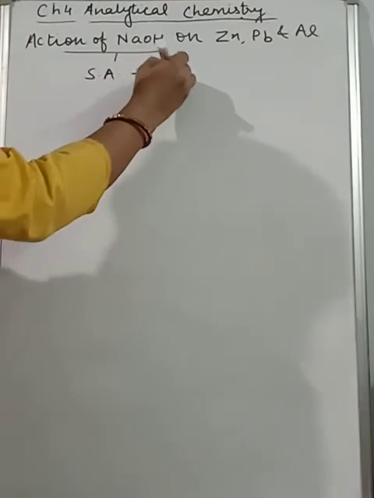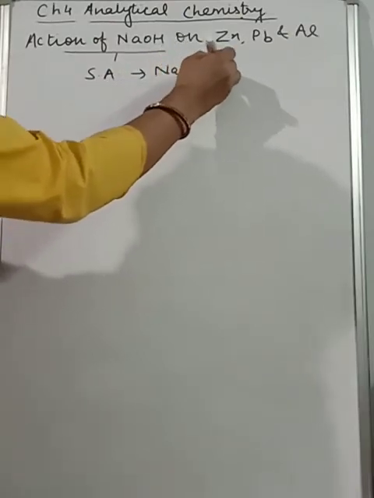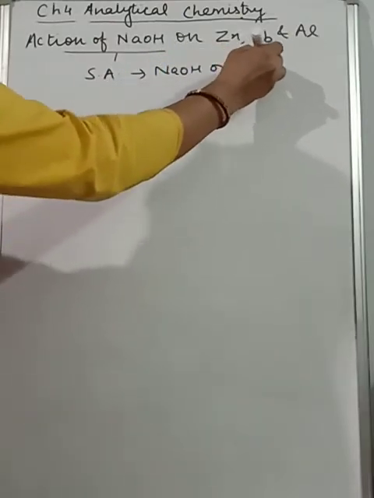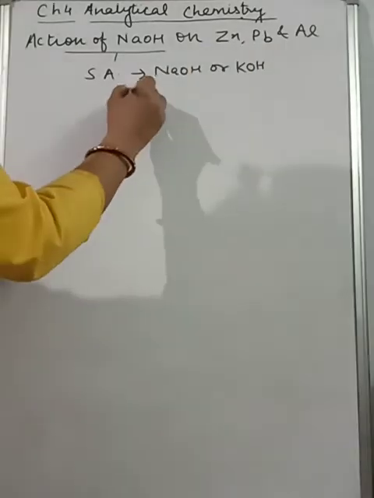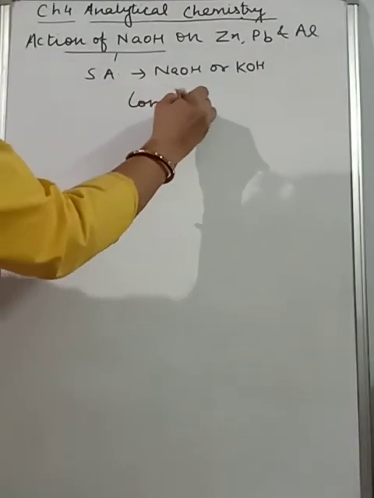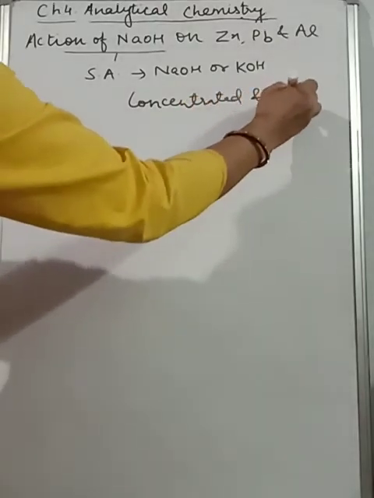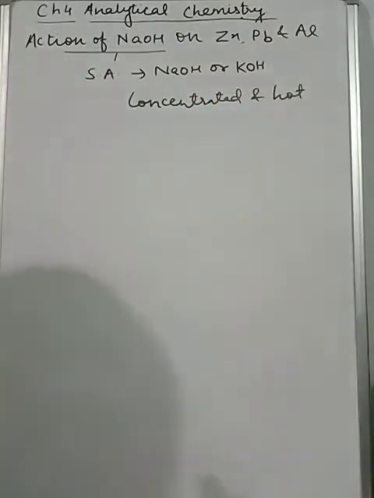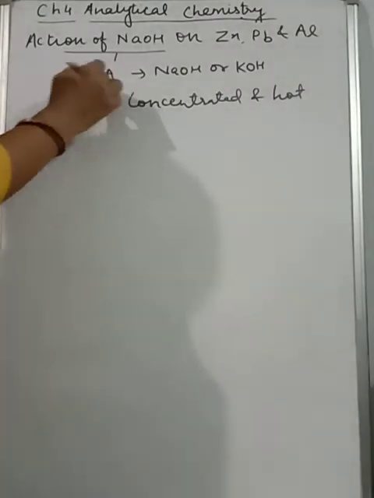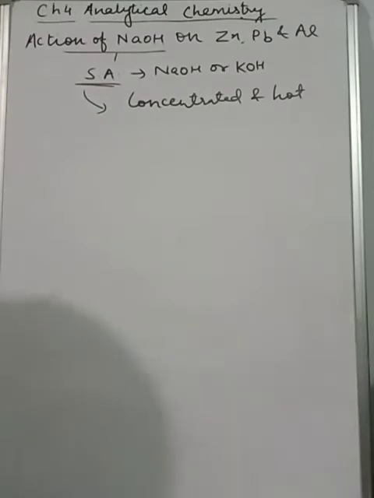This strong alkali is either NaOH or KOH. And the condition is what? It must be concentrated as well as hot. Okay, so first you start your work with zinc.